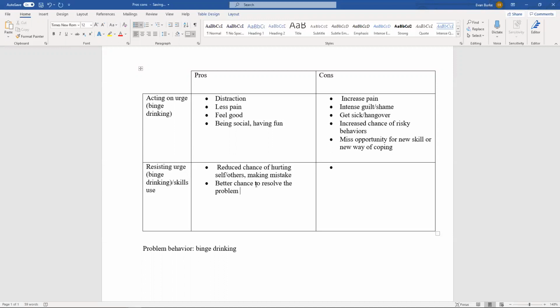Maybe if you do successfully use an alternative or more effective skill, especially if it works, you might also feel more empowered and have a sense of building mastery towards something. You might even feel more in control of your life and even enhance your self-respect.